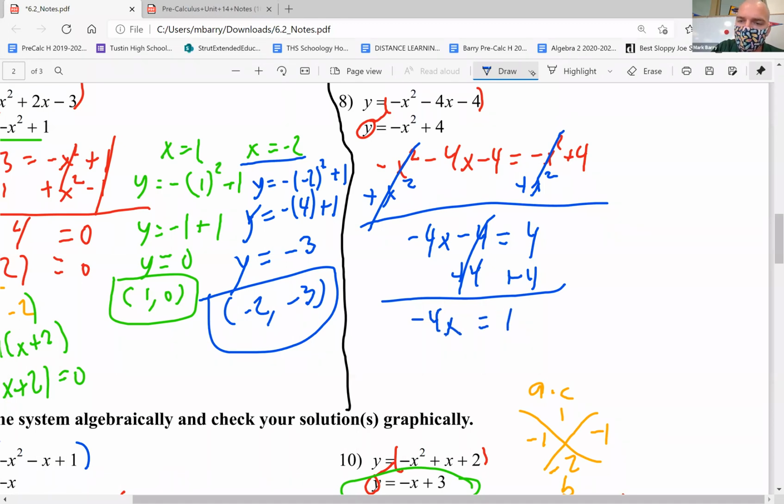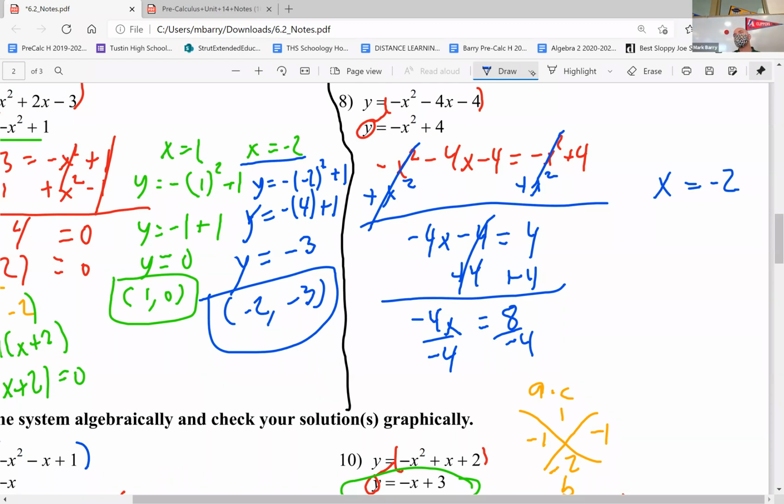Oops. Necesitamos sumar 4. Y por eso 4 negativo x es 8. We have to add 4. And so -4x equals 8. Divide by -4. And x equals -2.